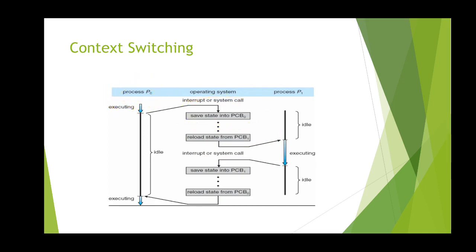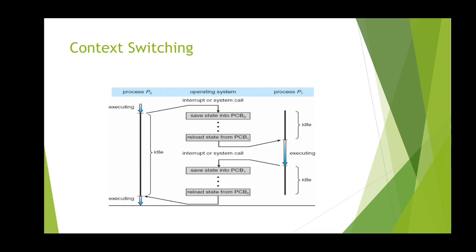The first step of the context switching is saving the various CPU state of the process P0. After saving the CPU state of the process P0, we need to restore the state of process P1. After these two tasks, the process P1 can execute.